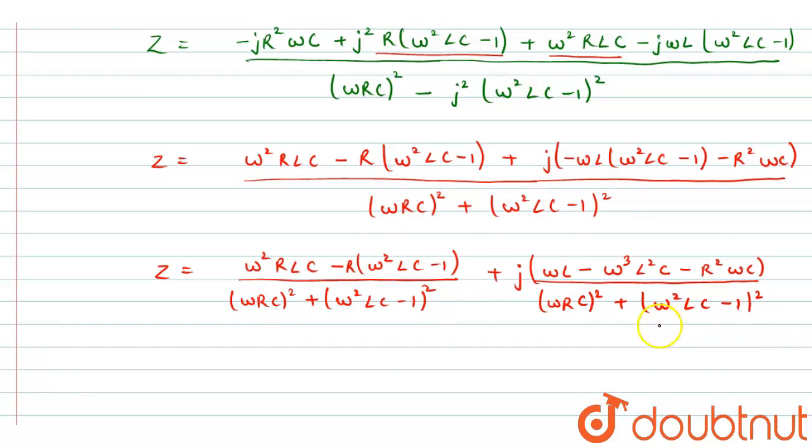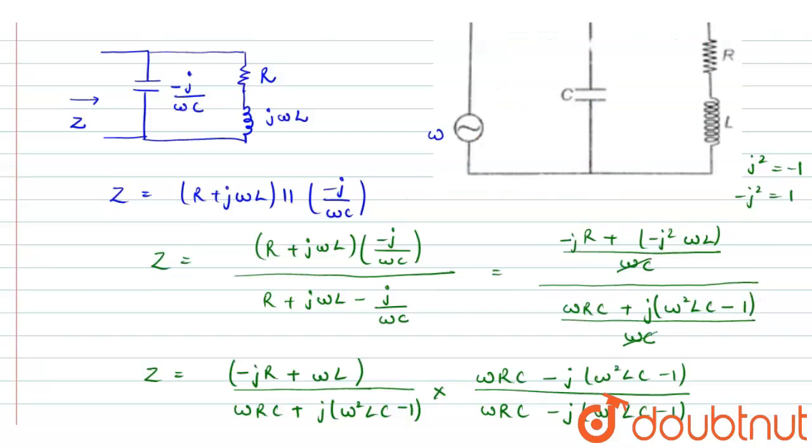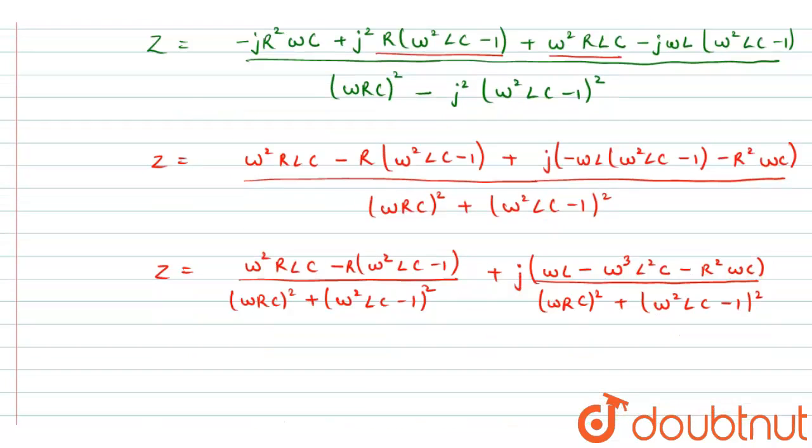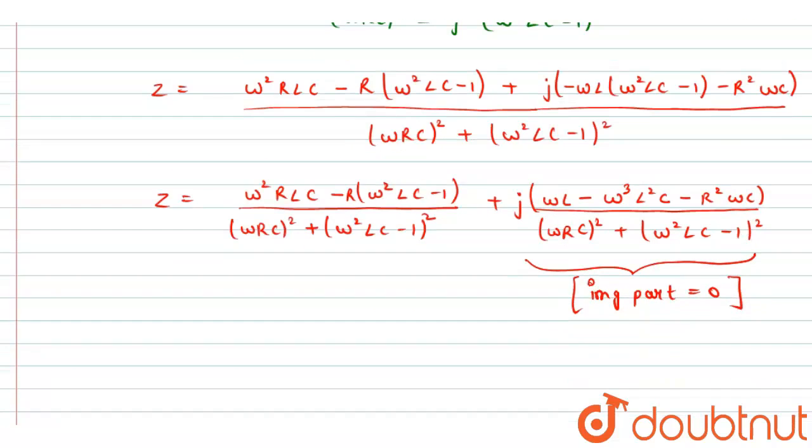So now to find the frequency, or to find the value of omega, we have to equate the imaginary part to 0. On equating the imaginary part with 0, we will be left with omega L. See, the numerator part only will be 0 to make it equal to 0.